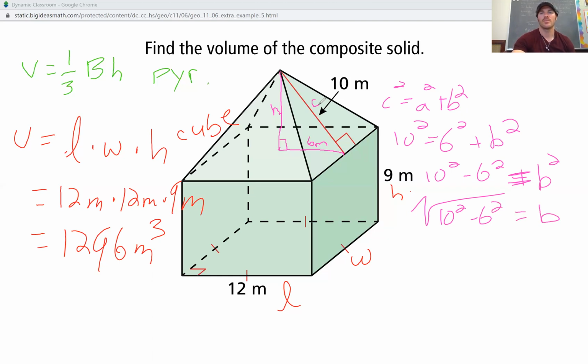Okay. Because b squared, we're going to take the square root of both sides. And so if I do 10 squared is 100, 6 squared is 36. We have 136. What's the square root of 136?